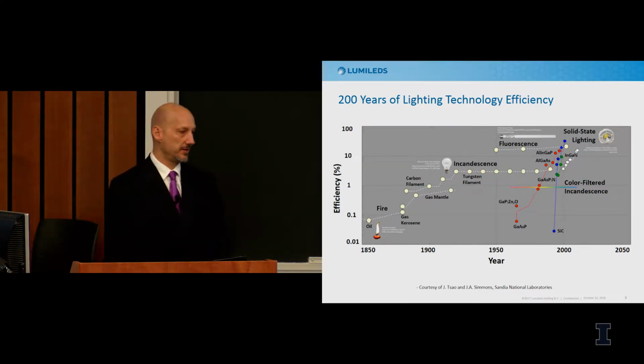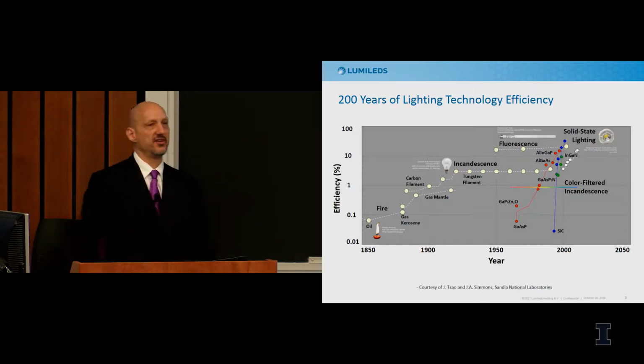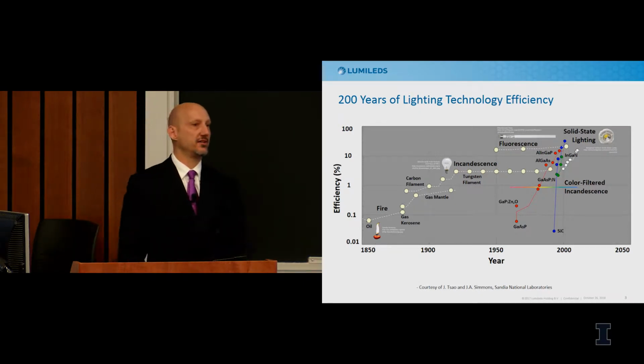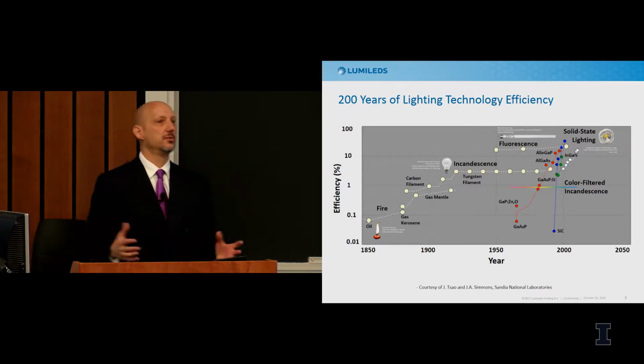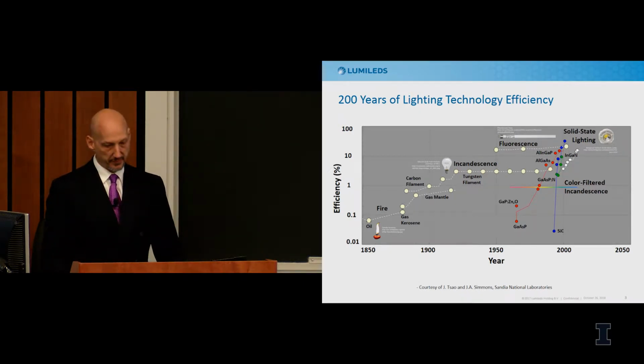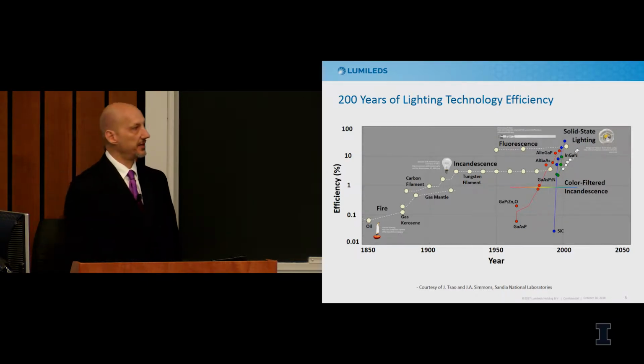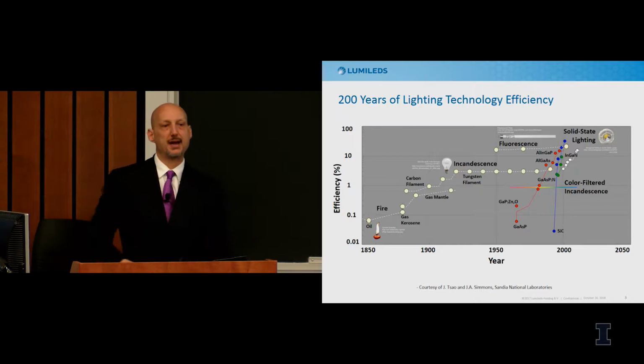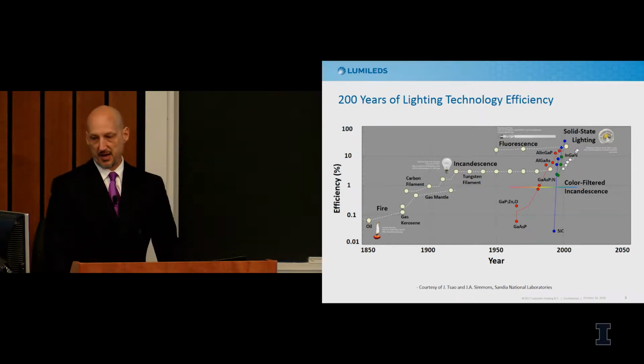One of the most significant advances that came over a number of centuries was actually the invention of the incandescent bulb. And that, in combination with fluorescence, really took us through most of the 1900s. But it was really in 1962, with Nick's development of direct band gap LEDs, that we really started the progression towards the ultimate lamp.